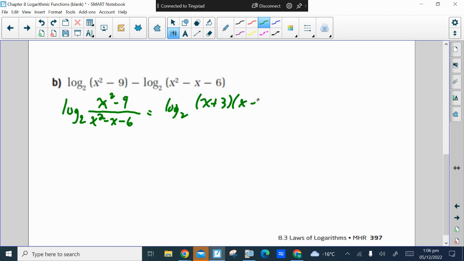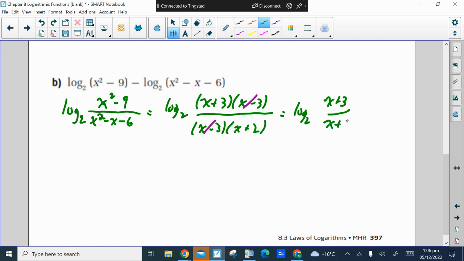That's a difference of squares. On the bottom, that trinomial can be factored to x minus 3, x plus 2. And then the x minus 3's cancel. So this simplifies our expression to log base 2 of x plus 3 over x plus 2.